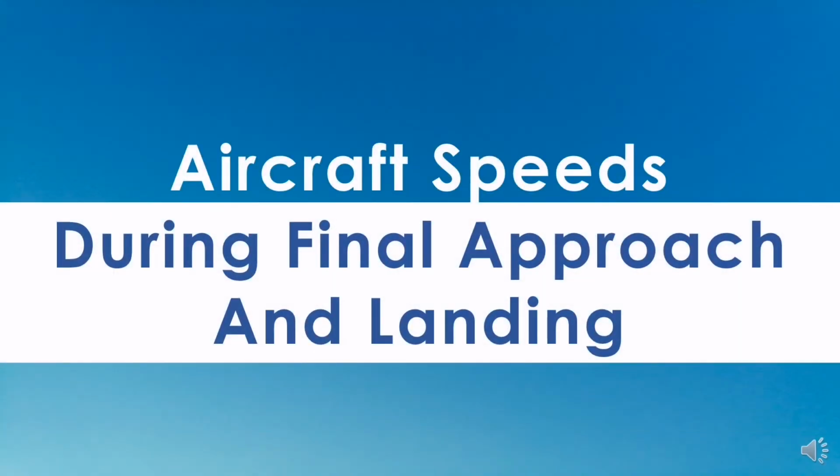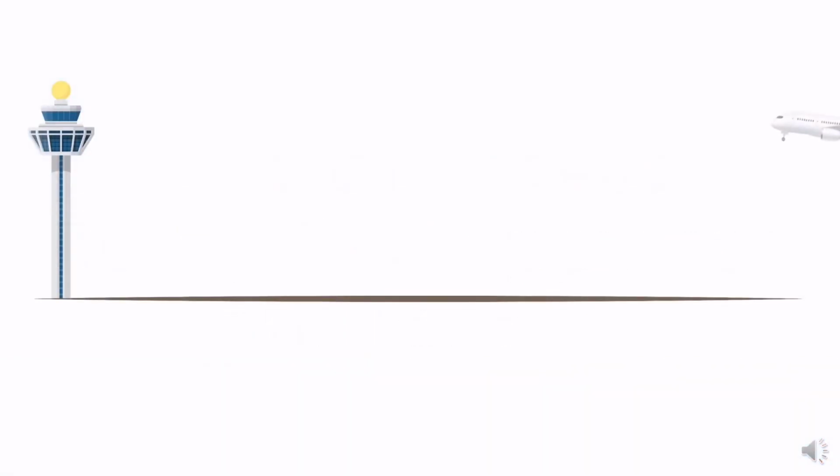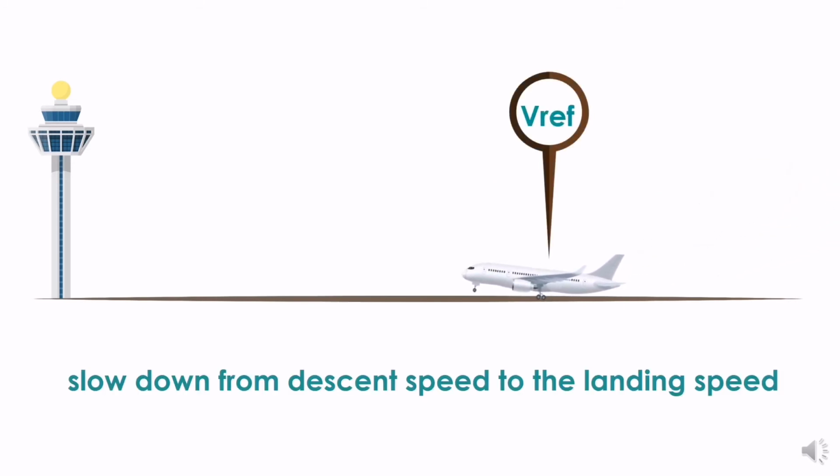Let's now look at the speeds during final approach and landing. Aircraft must slow down from descent speed to the landing speed. So how do the pilots do this?